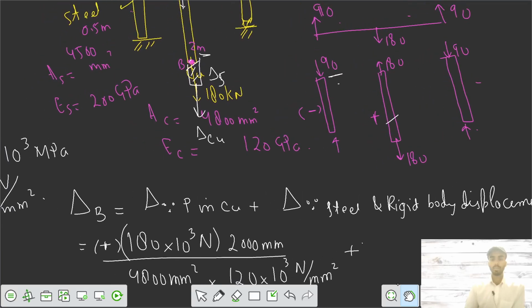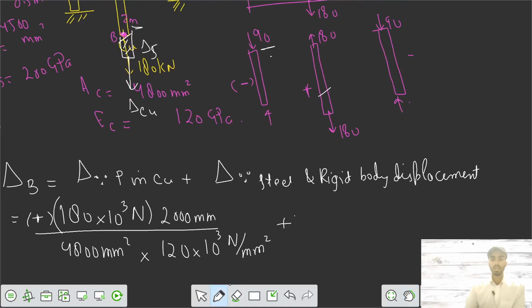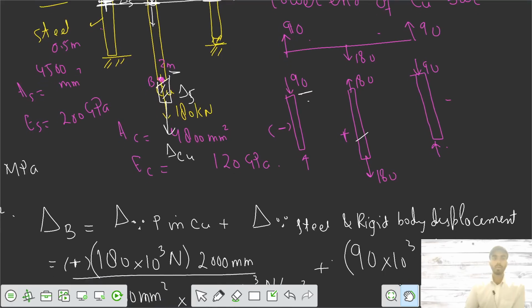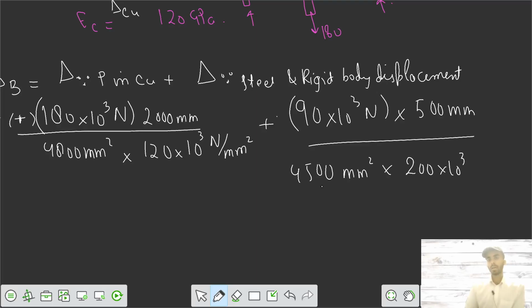Okay, so your next one is delta because of steel and rigid body displacement. That equals the deformation in the steel. I would write it as 90 kilonewton. Length of the steel post was 500 mm, area of cross section 4500 mm square, into E. E was 2000 gigapascal, 2000 into Newton per mm square.